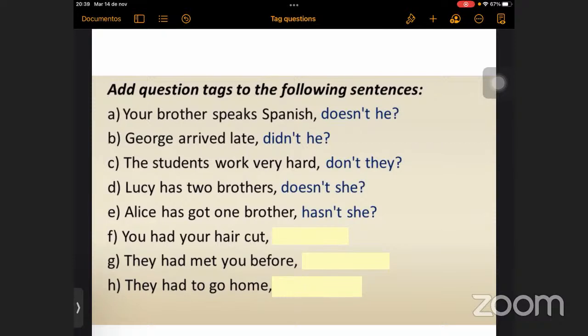You had your hair cut. This is a causative, but it's okay.